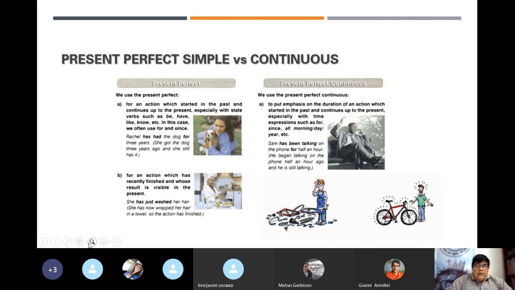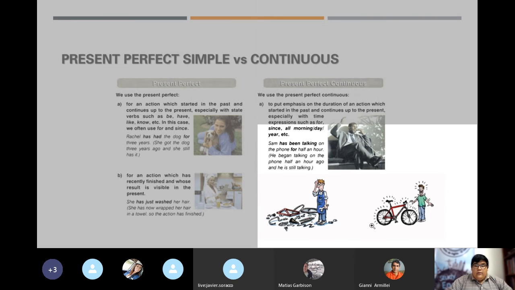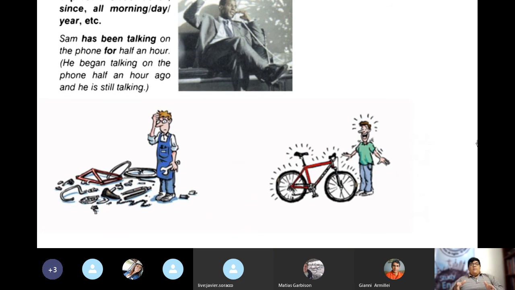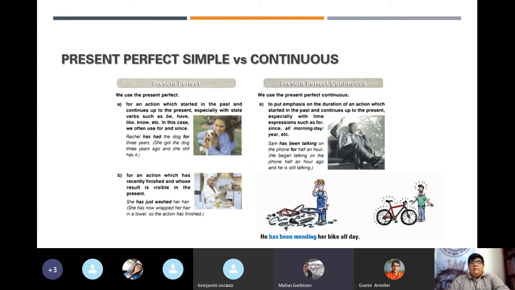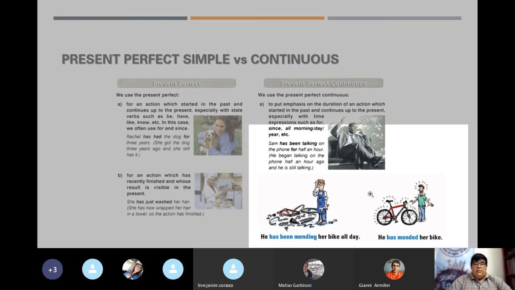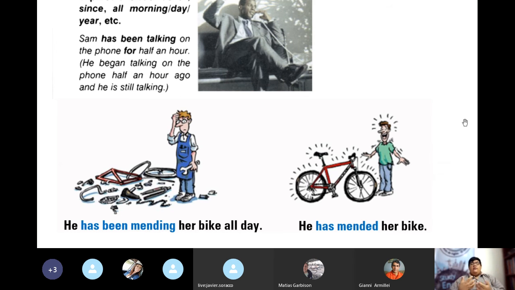And now you're going to get it, yes? Here we have a boy, and in the first picture, he is repairing his bike, and in the second one, he has his bike repaired. So let's see what happens. Now, let's see. In the first sentence, I'm putting emphasis on the duration of the action.